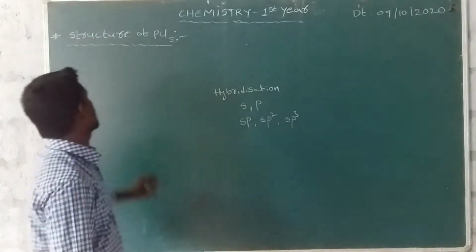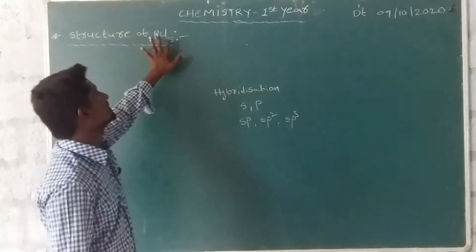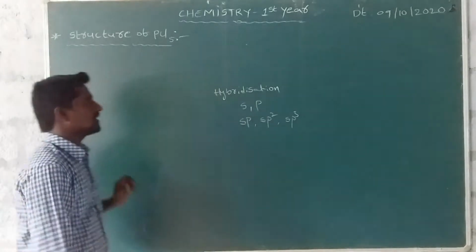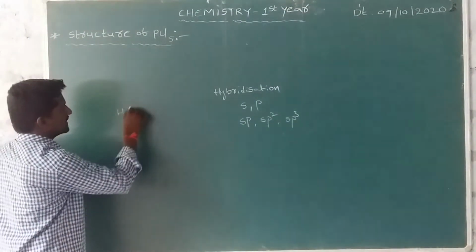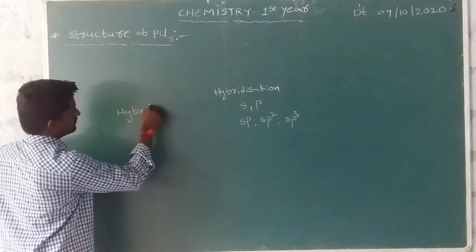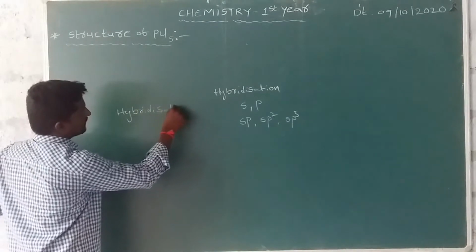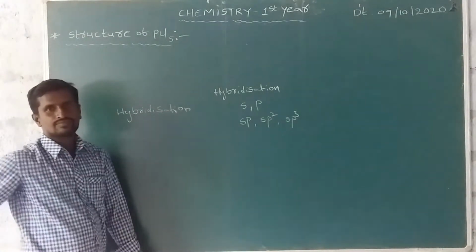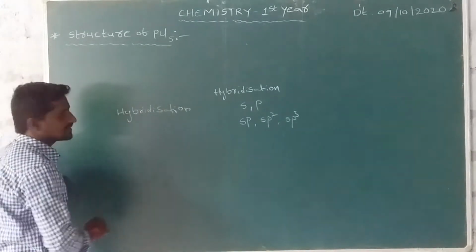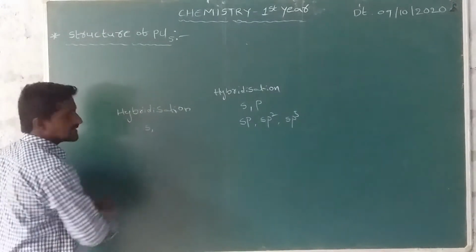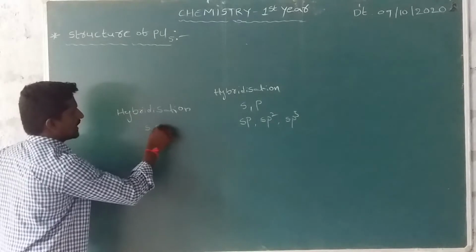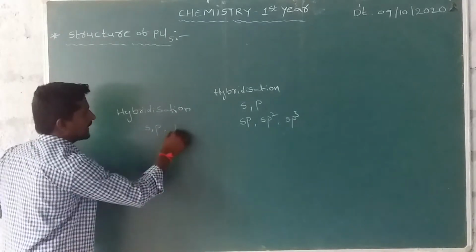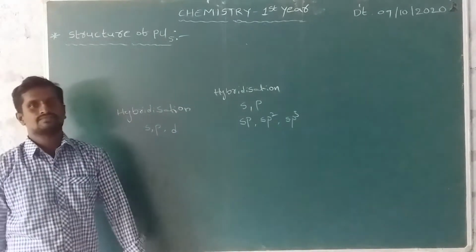Today's class is the structure of PCl5. This is one type of hybridization. This hybridization involves s orbital, p orbitals and d orbitals.